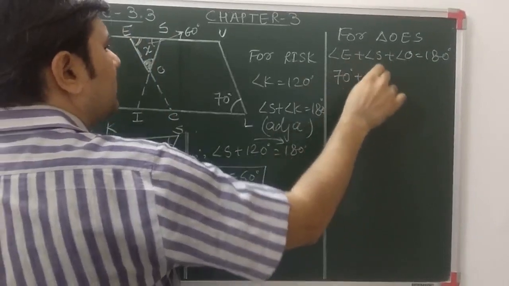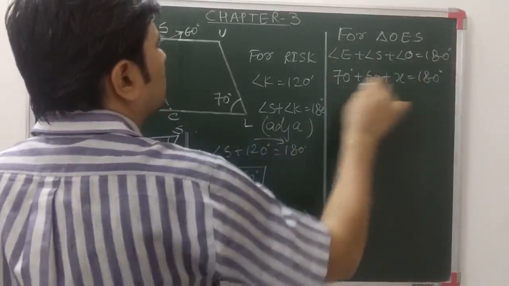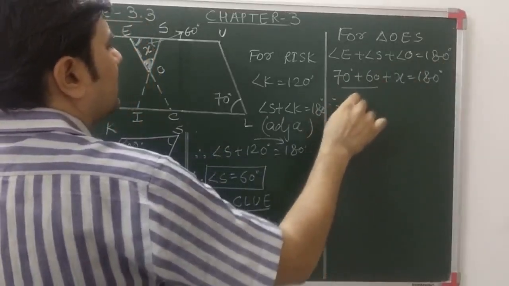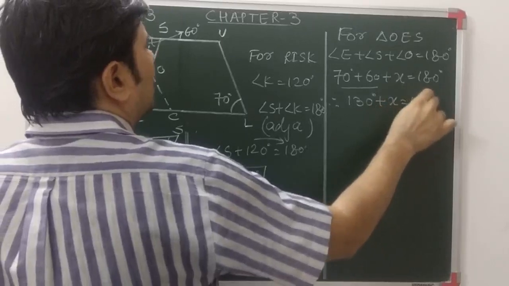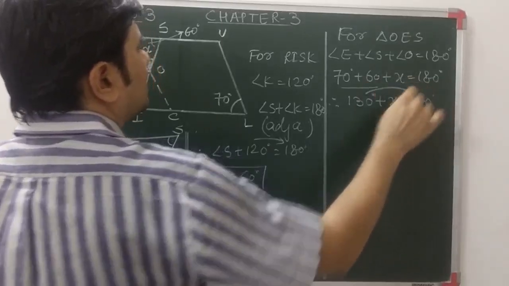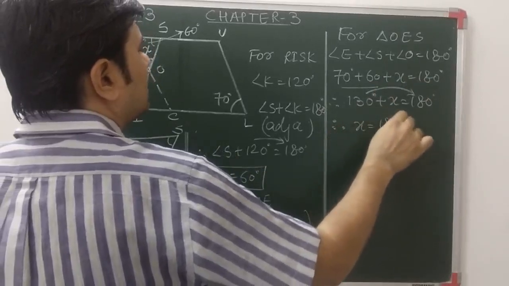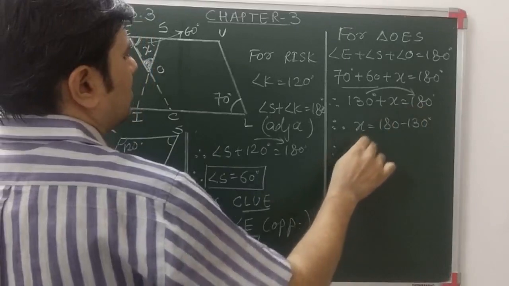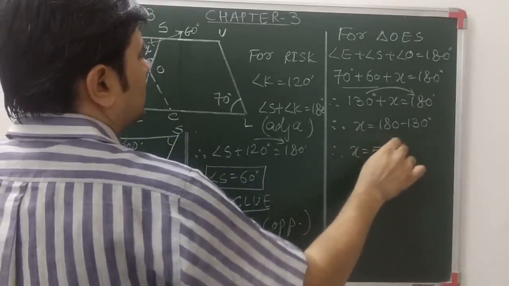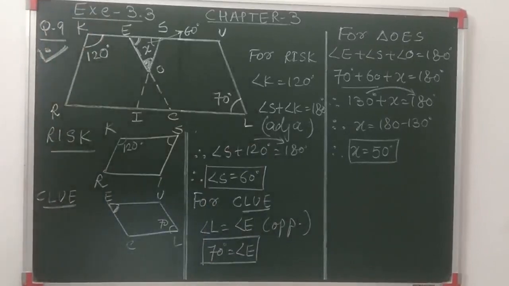S is 60 and O is X. Let us do the sum of these two, that is 130 plus X. I'll take 130 to the right hand side. So we will obtain the value of x is equal to 180 minus 130. Therefore, x is equal to 50 degrees. Thus, we obtain the value of x.